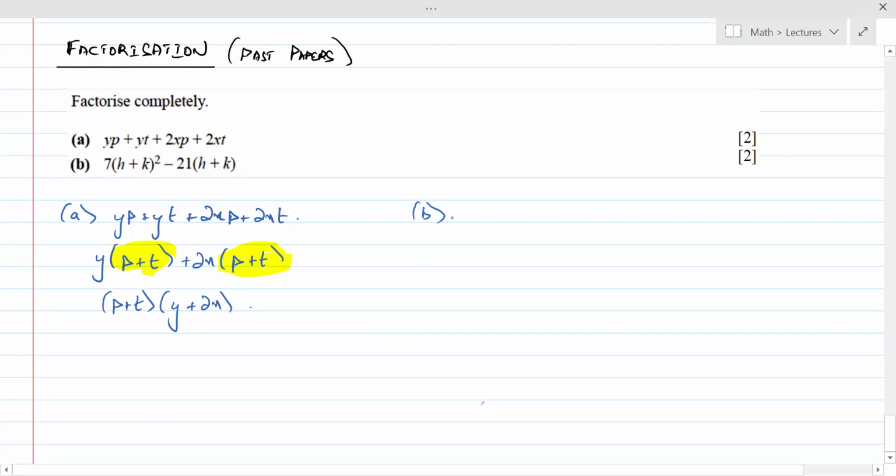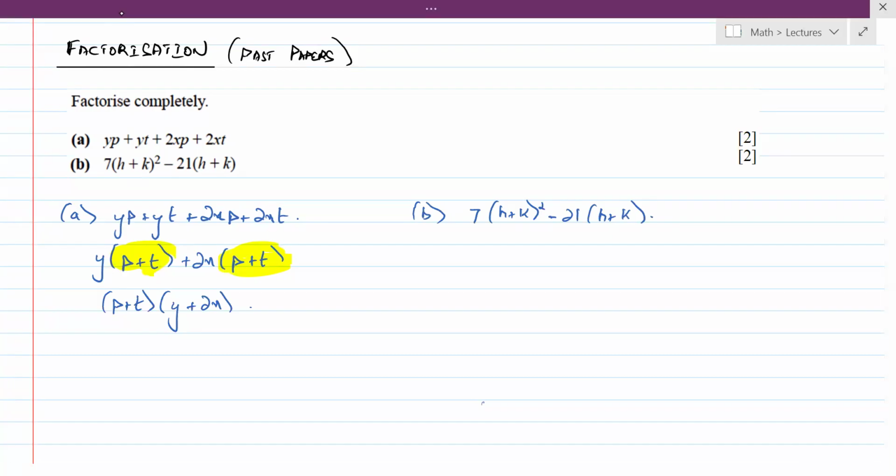Part B. This is 7(h plus k) whole square minus 21(h plus k). Now here we have been given 2 different terms.